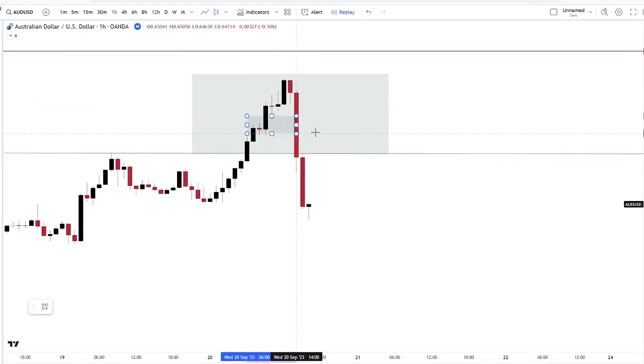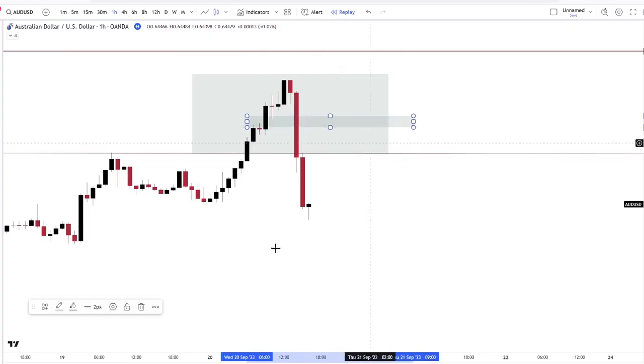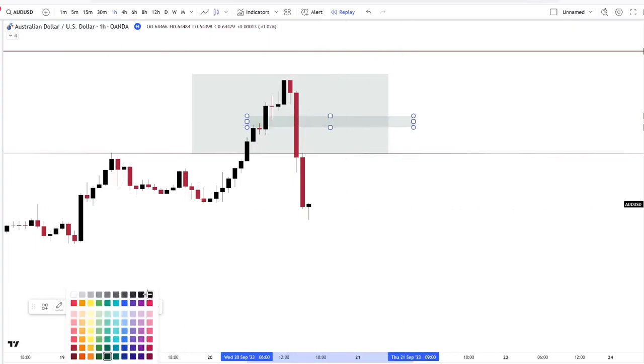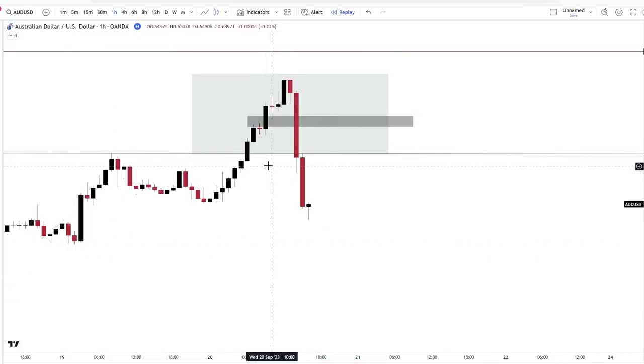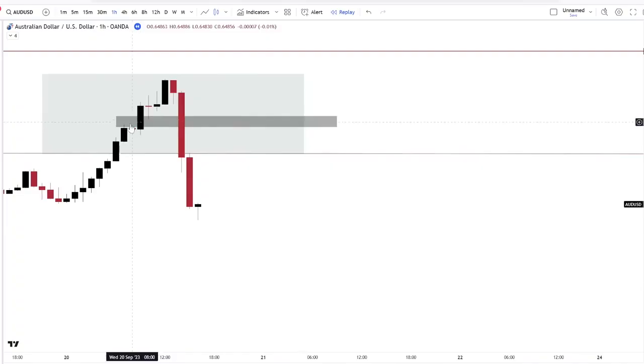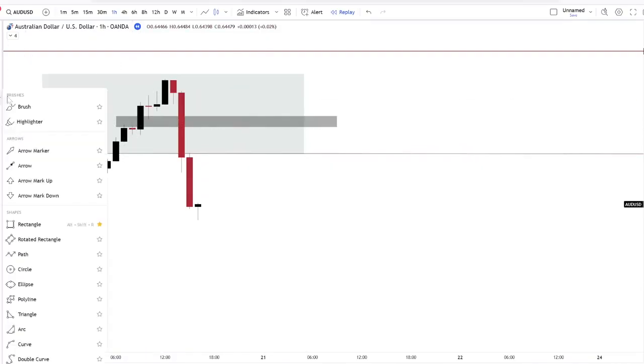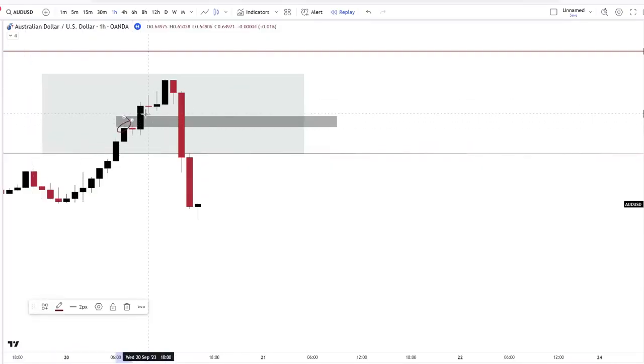So as you can see here, price found rejection right here. Let's make it black. And I explained this in the previous lesson, the one I did last week, as far as rejection level goes. As you can see here, this was a rejection level. Price was rejected right here and rejected right here.